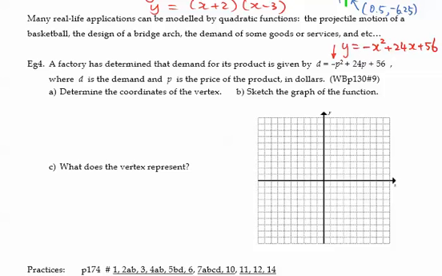And that means we will now be using x for the price, and y for the demand. And as I draw it on my graph, it will be the same concept. We will have the demand on the y-axis and the price on the x-axis.